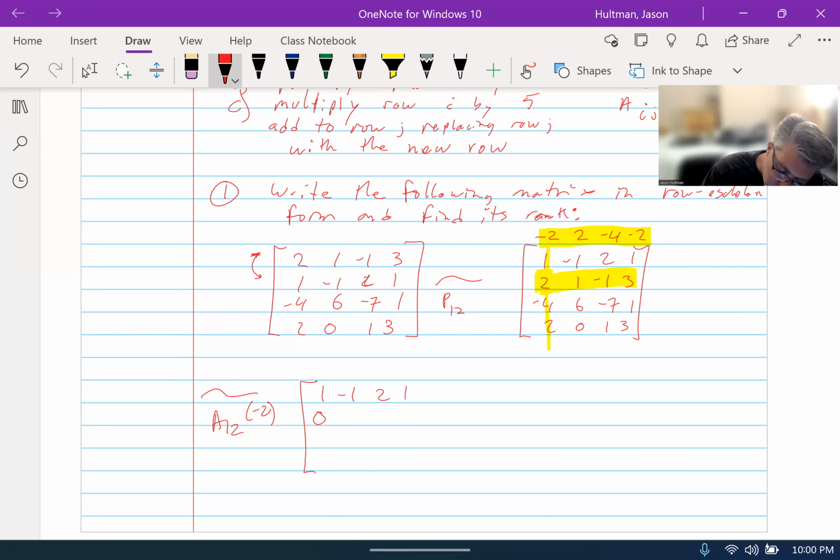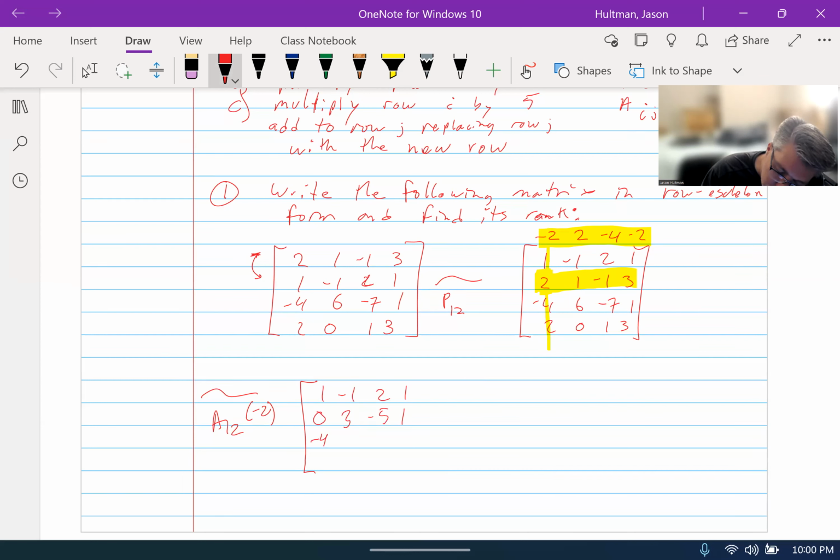So 2 plus 1 is 3. -4 and -1 is -5. And then -2 and 3 is 1. Okay. And in order to get zeros all the way down that first column, we're going to do this 2 more times, 1 for row 3 and 1 for row 4.